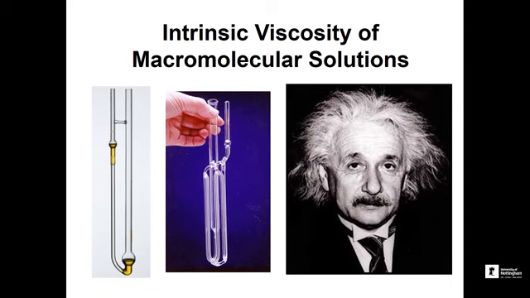But it's this flow property and the effect of dissolved molecules in a solution which represents the viscosity of solutions, and can give us quite a lot of interesting information about the molecules themselves, as we will see.